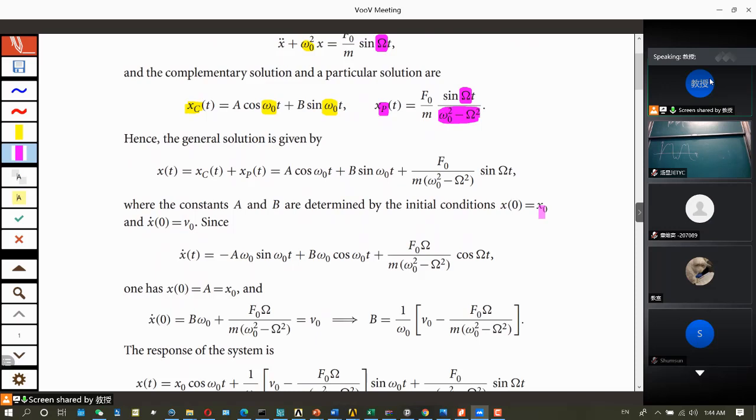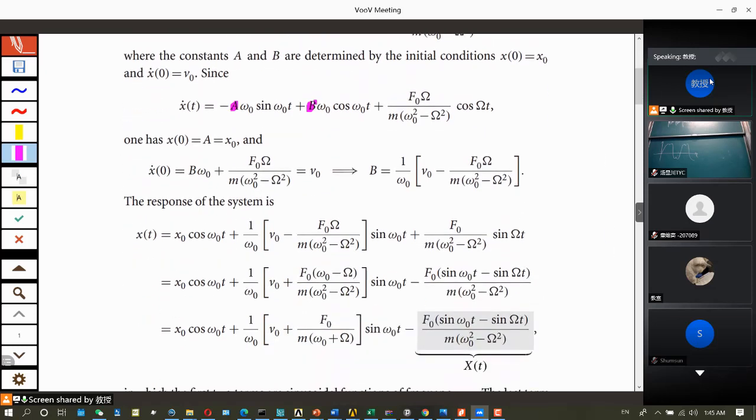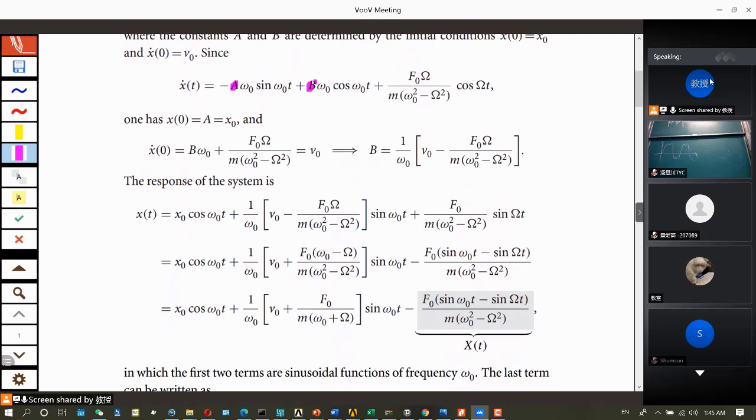Okay, so now you plug in the initial conditions. x at 0 is x sub 0, the velocity at 0 is v0. Then the solution, after solving for the constants a and b, is given by these.